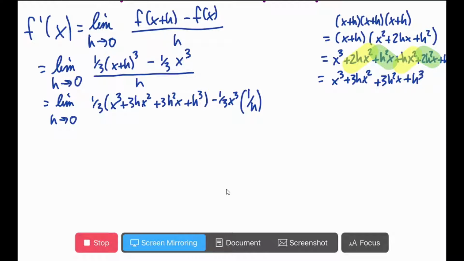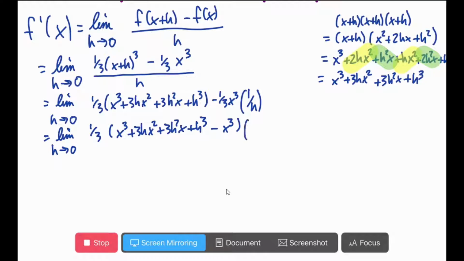All right, I'm going to rewrite this a little bit again. Limit as h approaches 0 of 1/3 times (x cubed plus 3hx squared plus 3h squared x plus h cubed minus x cubed), so I've kind of factored out the third, times 1 over h. And now that I'm multiplying two terms inside here, I can actually split this up.